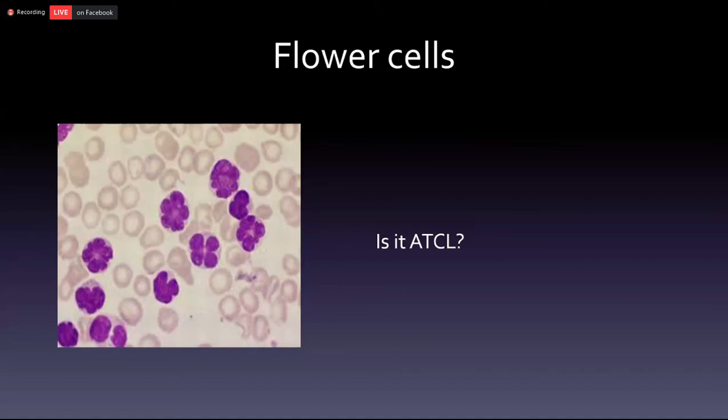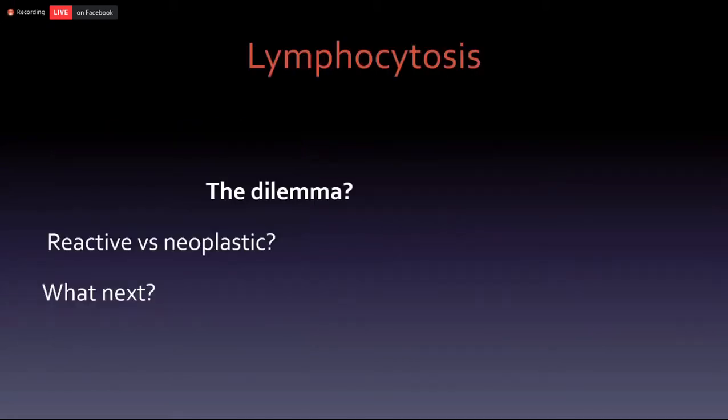You may see them in blastic variants of mantle cell lymphoma. So you can see these kinds of flower cells. So how to deal with this dilemma of reactive versus neoplastic? What next tool do you have to answer this question of reactive versus neoplastic?